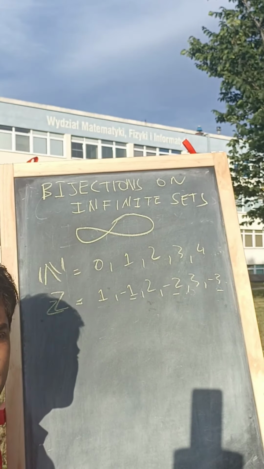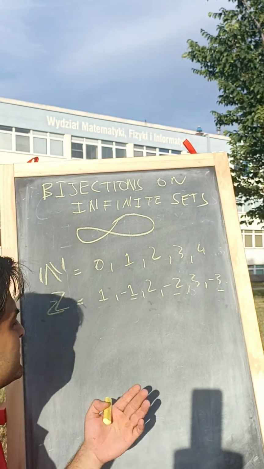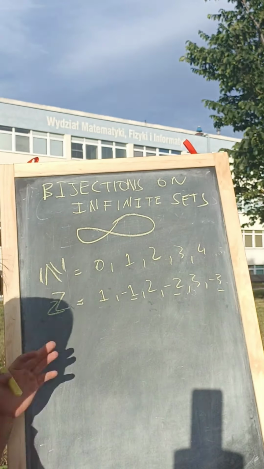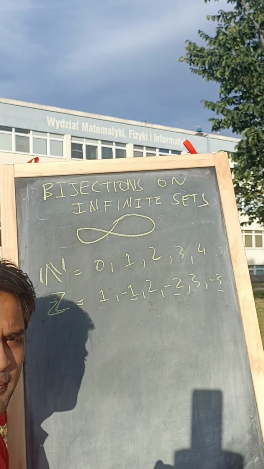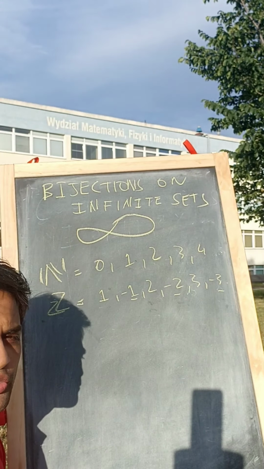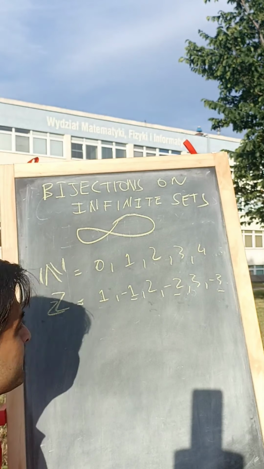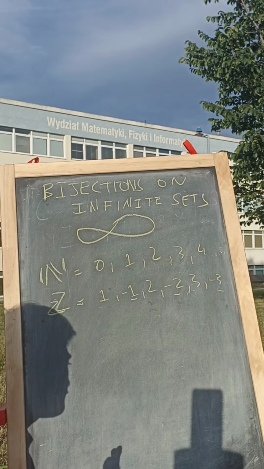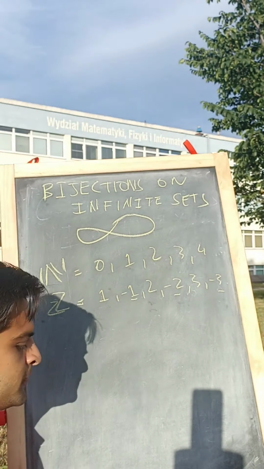It would seem that this set is bigger than this set, but mathematically we can actually show that these sets are in fact equal, and we will use the properties of bijections to show this.